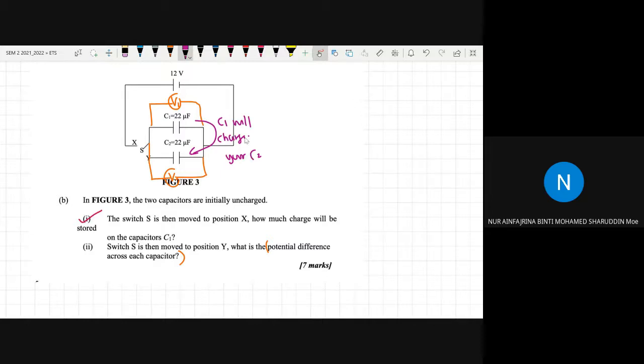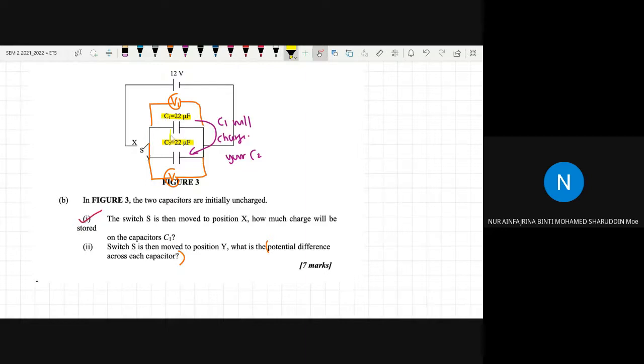So total charge is conserved. Okay, the total charge is conserved. And if you see, both capacitors have the same value, which is 22 microfarad. Therefore, the charge stored on each capacitor will be the same, as half of the original charge.